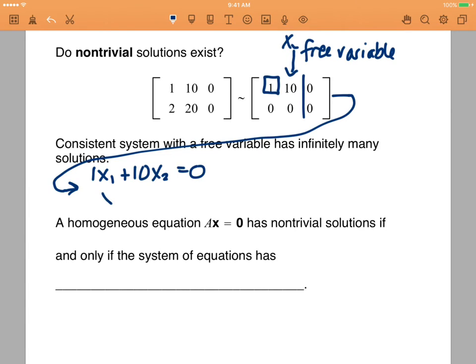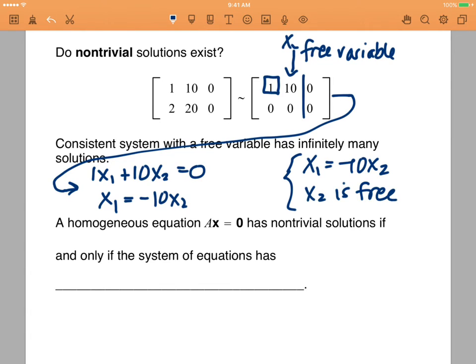So we take this equation and write x1 equals negative 10x2. Our normal way of writing the solution is to say x1 equals negative 10x2, and x2 is free.